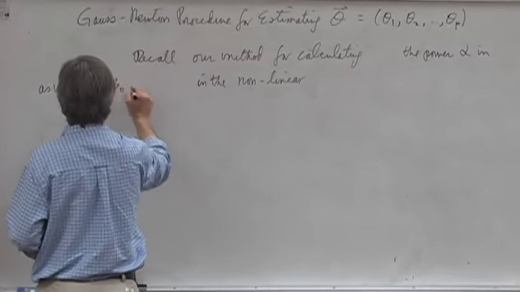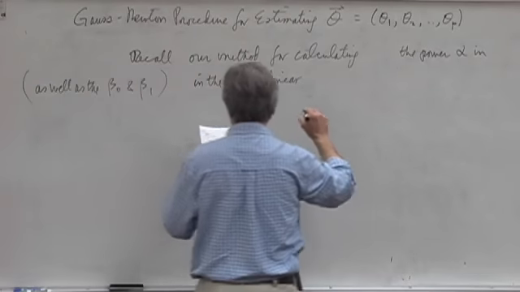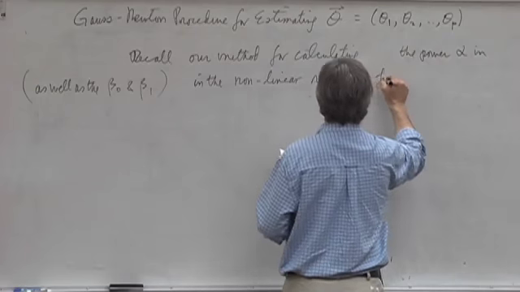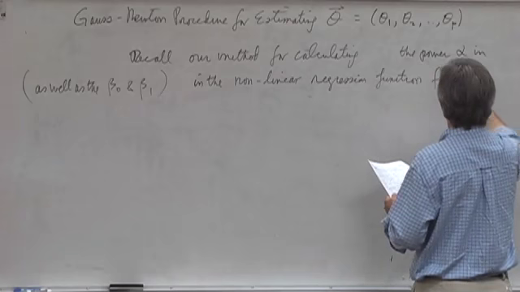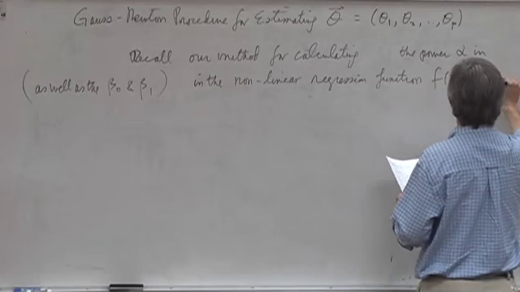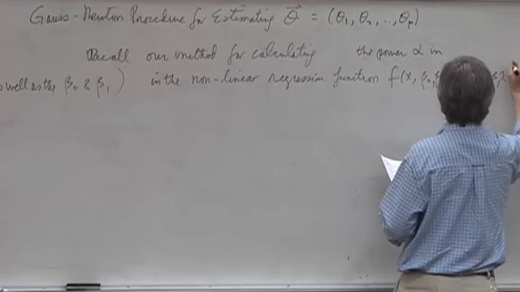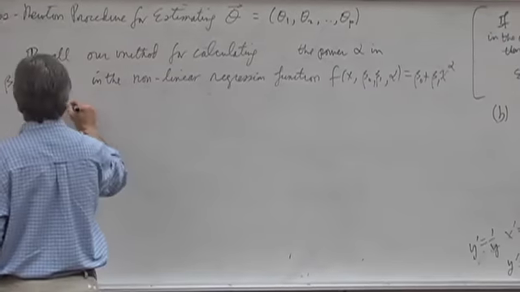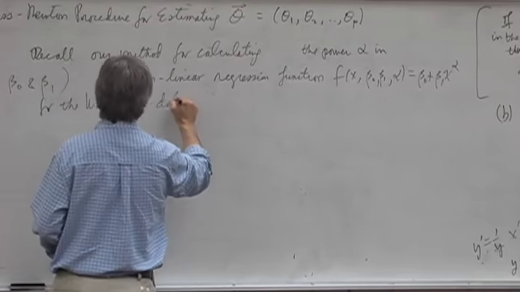But I was more interested in figuring out what alpha should be in the nonlinear regression function f of x, beta 0, beta 1, alpha equals beta 0 plus beta 1 x to the alpha for the windmill data. Example 5.2.